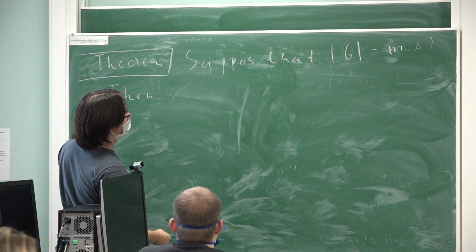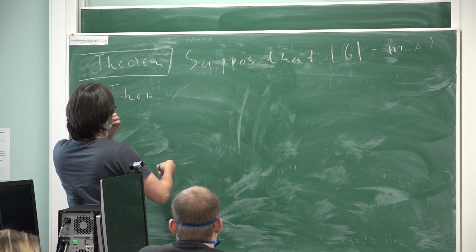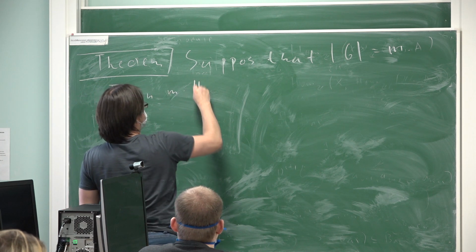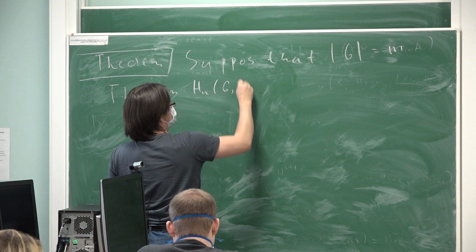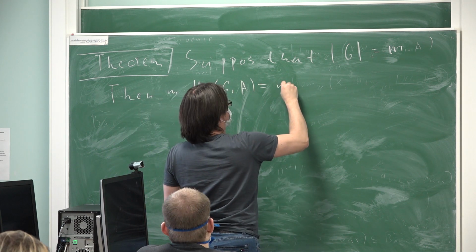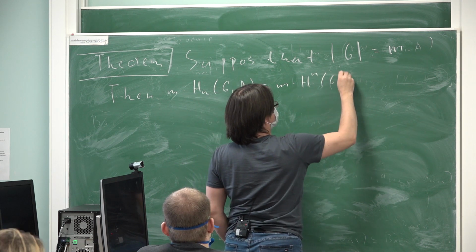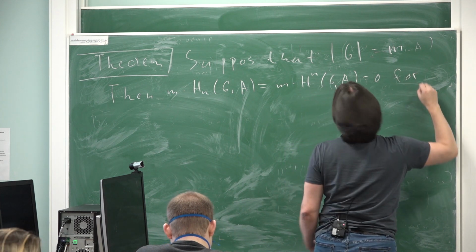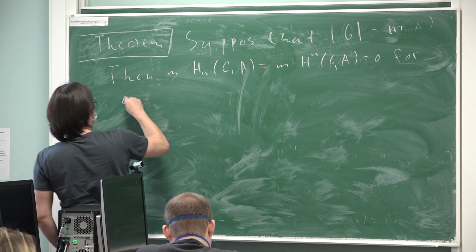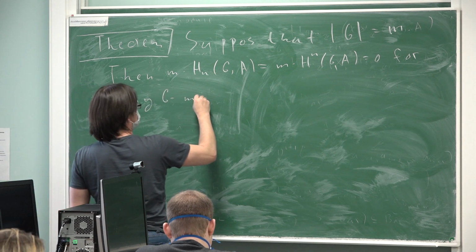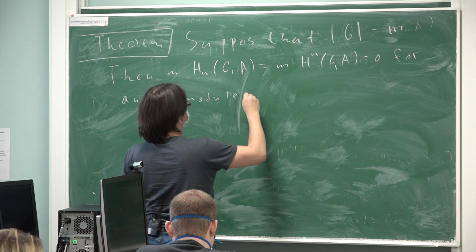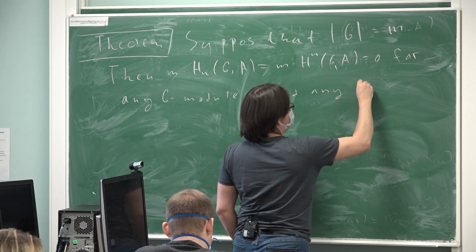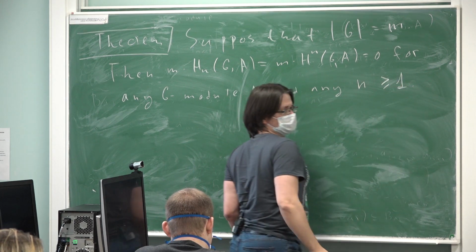Then m times Hn(G, A) equals 0 for any G module A and any n greater or equal to 1. For 0 it's not true.